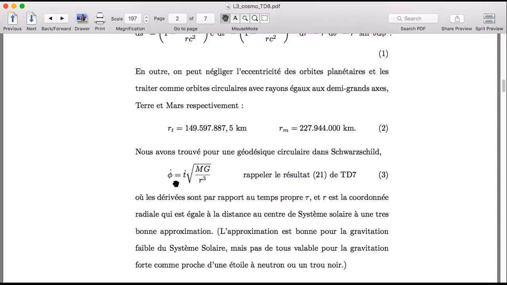This should remind you of, or at least you've seen something similar in, Kepler's orbits, where this is the angular velocity of the orbit.